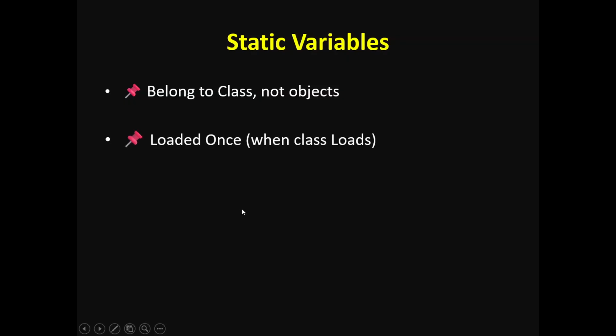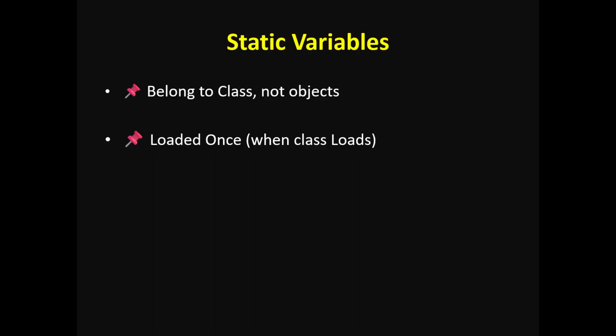Now in Java, there is a predefined sequence in which things get loaded, like how the class is loaded, then how the instance variables, initialization blocks and all these things get loaded in some sequence.